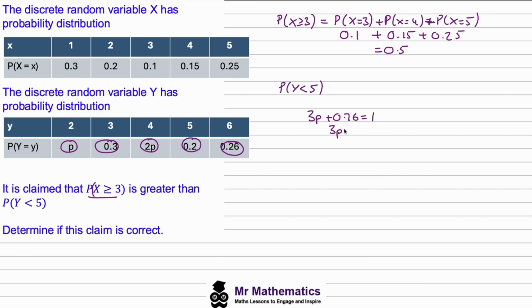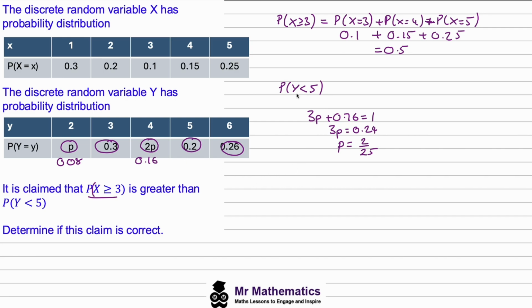So 3p will equal 1 take away the 0.76, which is 0.24. We'll divide both sides by 3, so p will equal 0.08 when y is 2, and 0.16 when y is 4.